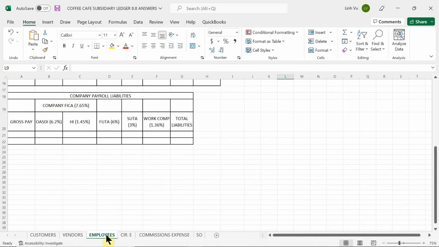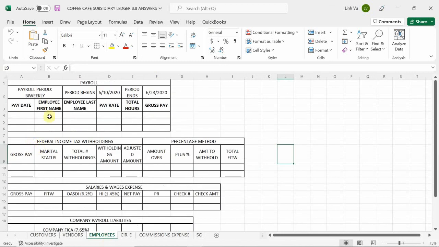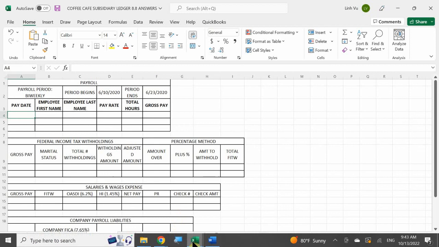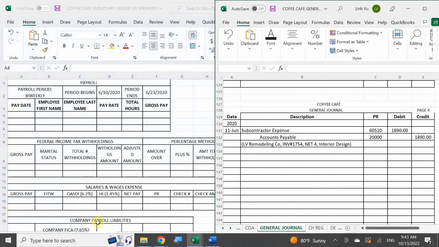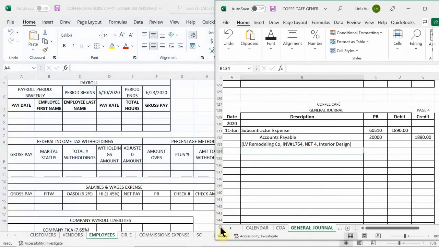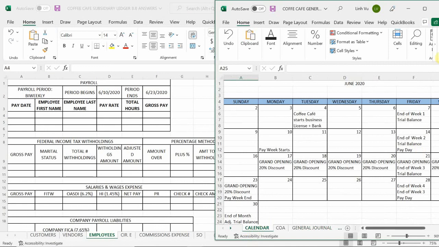Here you go. I have my section for employees. So again, pay date, right? If my payroll period ends on the 23rd, right? If I take a look at my calendar, let's take a look at my calendar. When is the pay date? In this case, let's see, we're going to pay on Fridays. So, in this case, let's take a look.